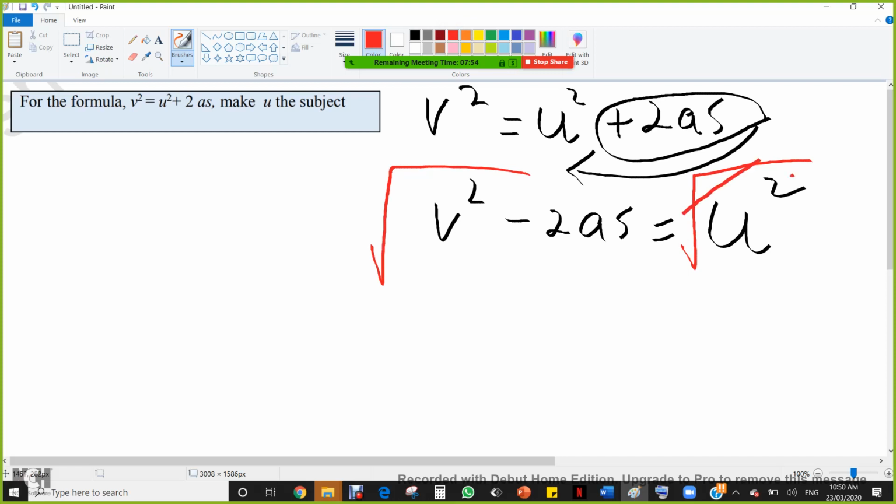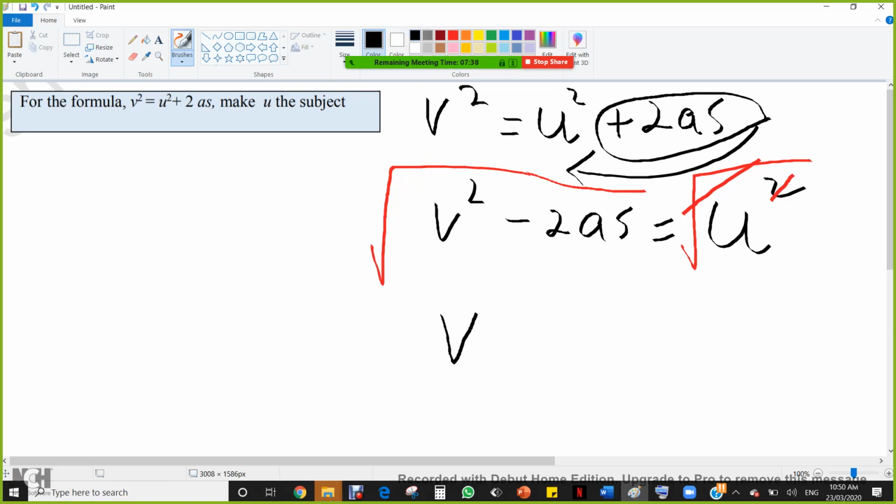So this square root cancels off with this square. Oh, no, sorry. I now realize it's the entire thing you're finding the square root of, right?